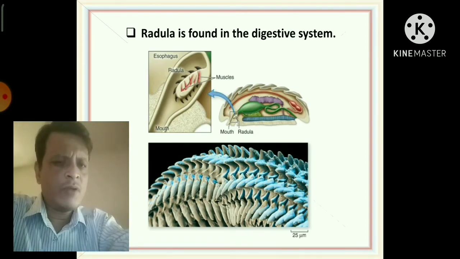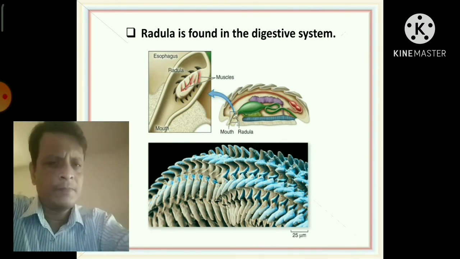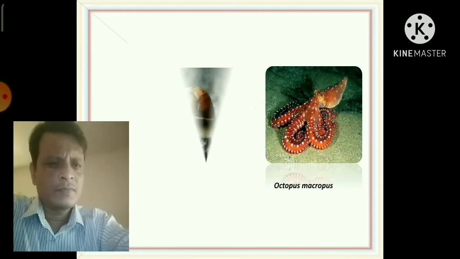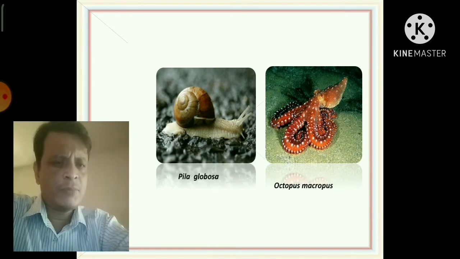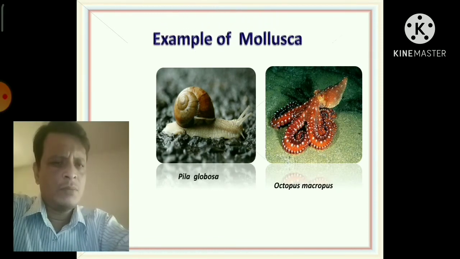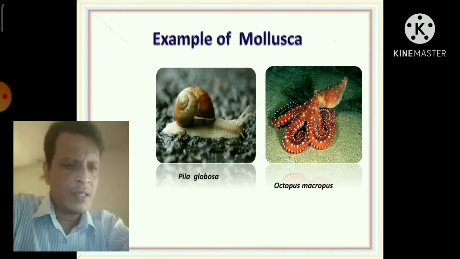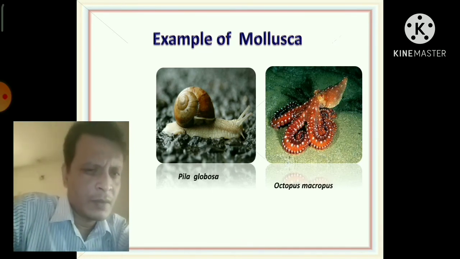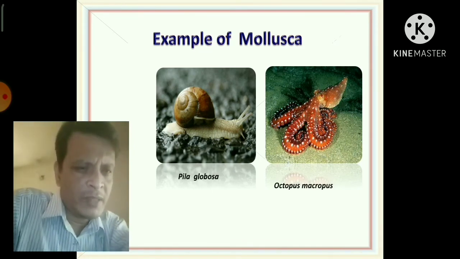This is a special characteristic feature of the phylum Mollusca. Now the examples of phylum Mollusca: Pila globosa and Octopus macropus.